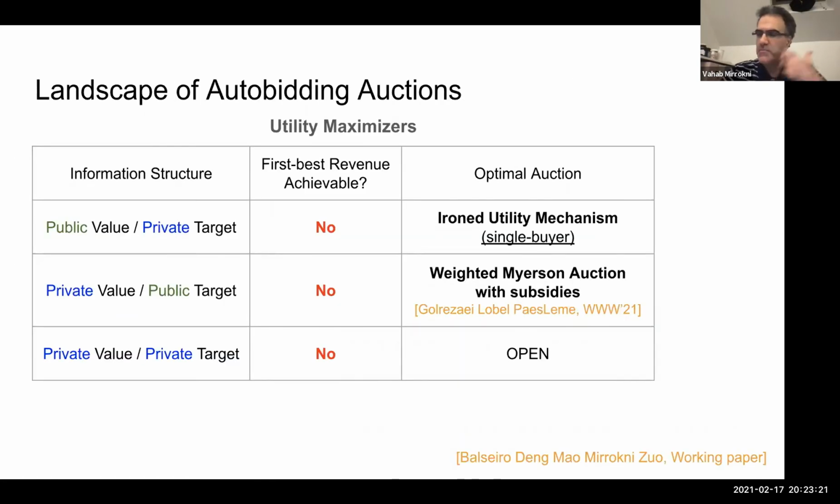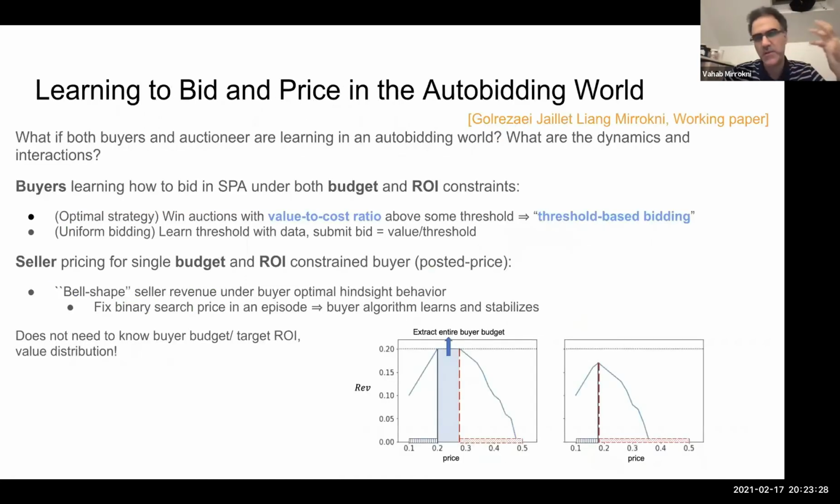So that's about characterizing optimal auctions in this auto bidding world, and there is more research to be done in understanding this market. We also did some recent work on the interactions between bidding and pricing.